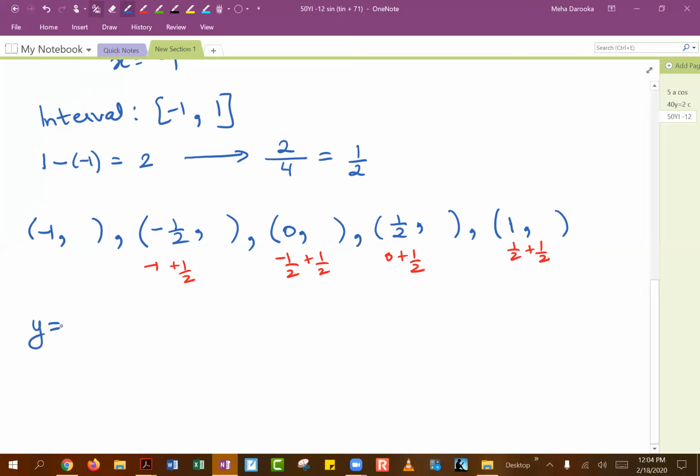So for the first one, I am actually going to use my equation. That's -1/2 sine of pi times x, and in this case, our x is -1, plus pi. What will that give us? 0.